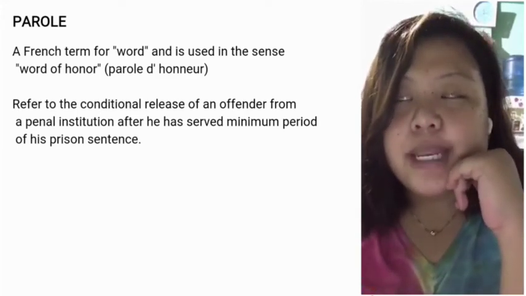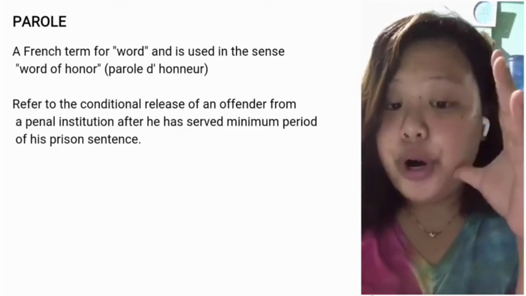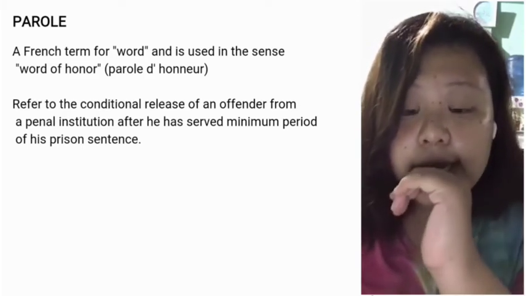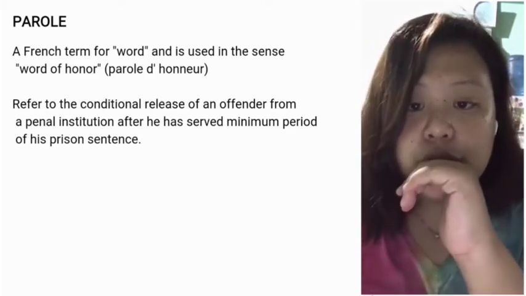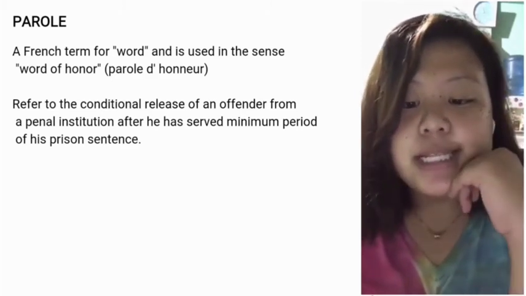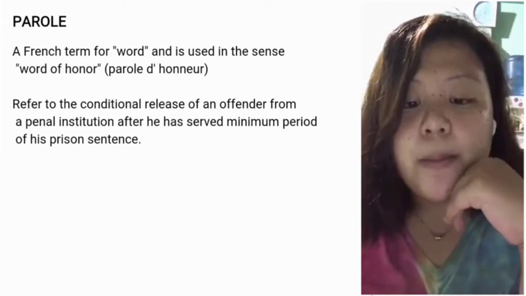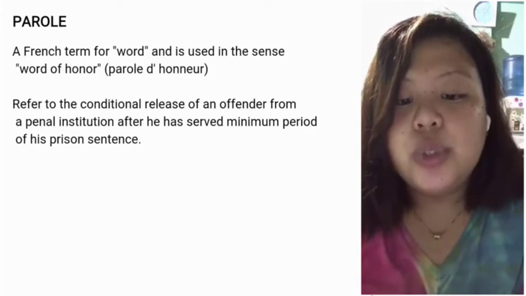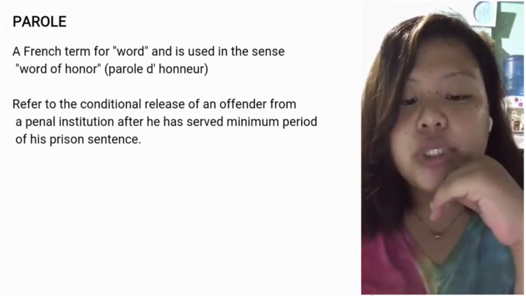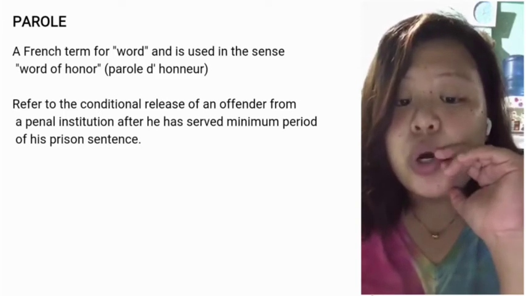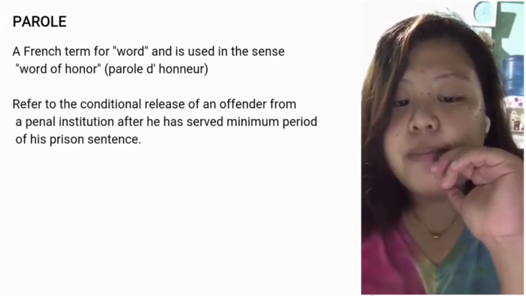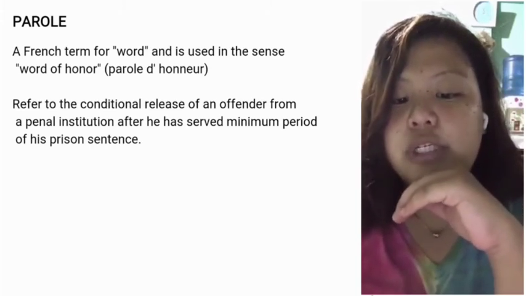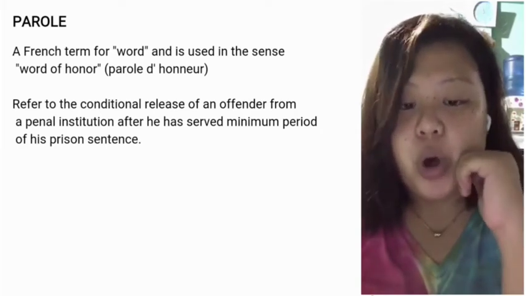Word of honor means the giving of a promise to someone, in the sense that the inmate promises to conduct himself or herself in a law-abiding manner in accordance with certain rules in exchange for his release. So, through the word of honor of an inmate, kailangan niya tumanon ang mga rules and regulation na gihatag niya kung siya buhian sa prisuhan.